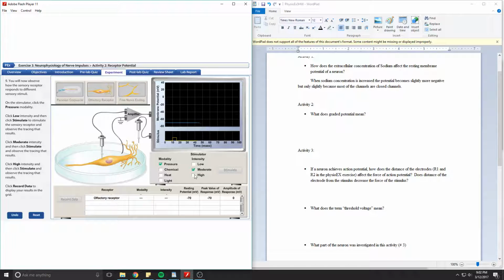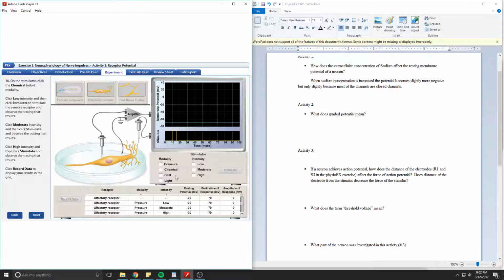Moderate. Come on, come on. Oh, it's going to make us go through all this. Okay, record. Chemical. Yep, just like it said it would. Weird.